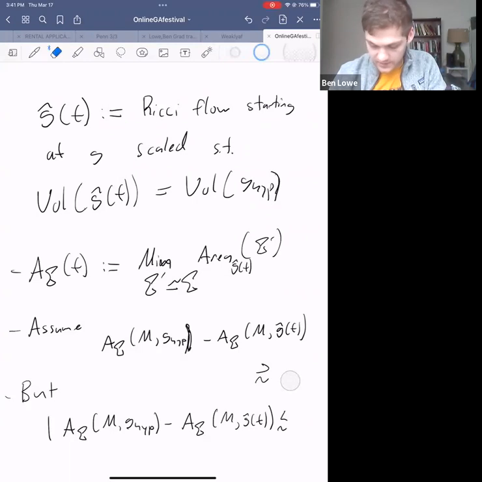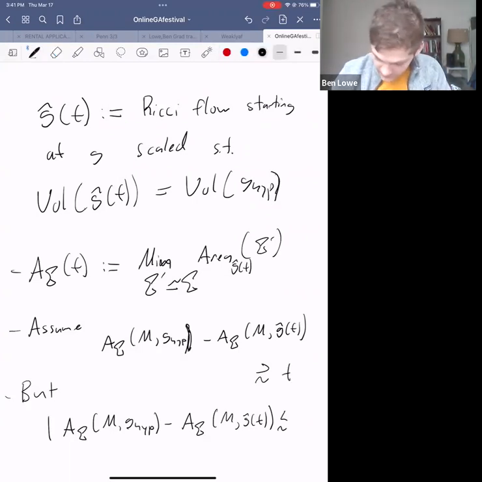Sorry, I'll just write this as t to the minus 1/4, it'll make more sense. This is bounded above by t to some number omega divided by 4. Okay, and so we have this other inequality.